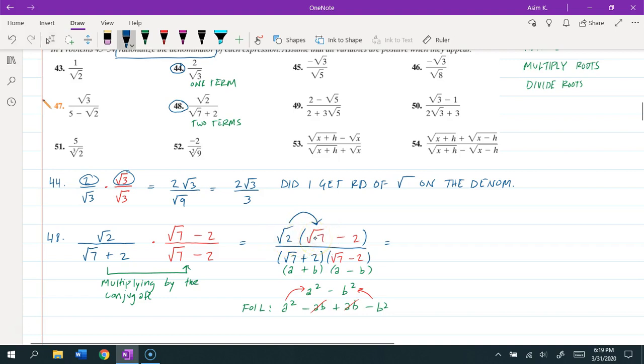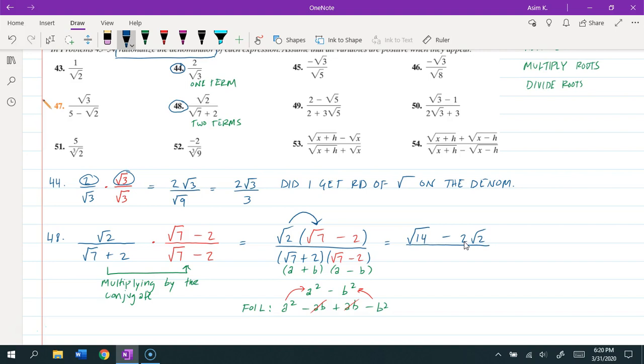So the root of 2 times the root of 7 gives you the root of 14. Now the other one: the root of 2 times negative 2 gives you minus 2 root 2. Notice how this time the 2 shows up on the outside. It can't multiply to the inside. That is against the rules of roots and of algebra.